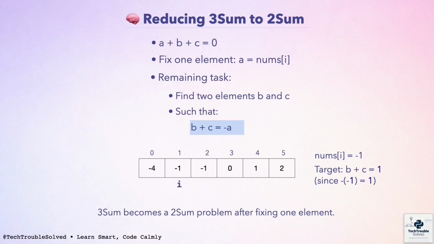This reduction is the key insight that allows us to avoid checking every possible combination. But to efficiently find this pair using the two-pointer technique, there is one important requirement. The array must be sorted. So next, let's understand why sorting is necessary for this approach.